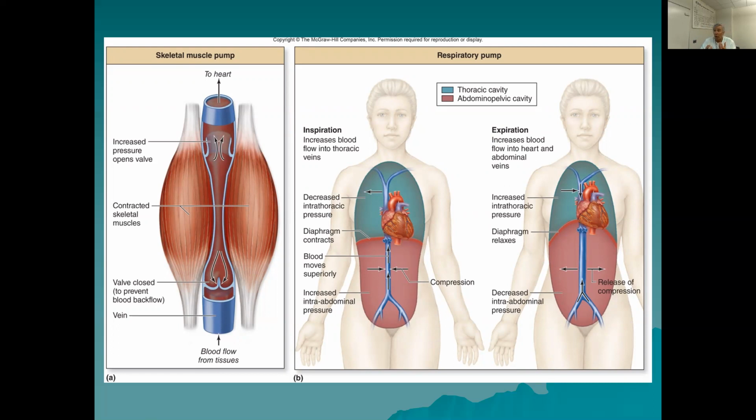When you breathe out, the pressure inside your lungs decreases below the pressure in your abdomen, and this helps to suck blood back up into the heart. So we have both the skeletal muscle pump and the respiratory pump, as well as the heart, to help bring blood back to the heart from the lower part of the body.